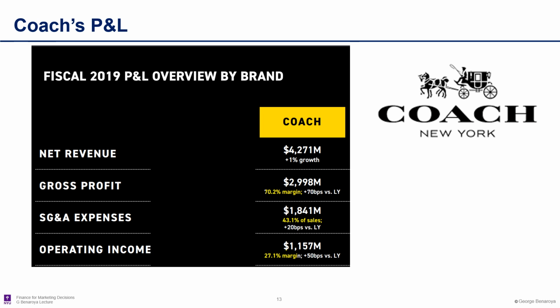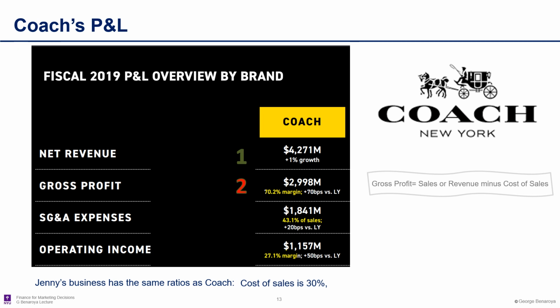Let's now look at the P&L of a competitor. Jenny has a benchmark, and that is Coach. And we will see that they have the same ratios as Jenny's. First, we look at revenue. Second, cost. Gross profit equals revenue minus cost of sales. And when we do the math, we see that their cost of sales is also 30% like Jenny's. Third, expenses.